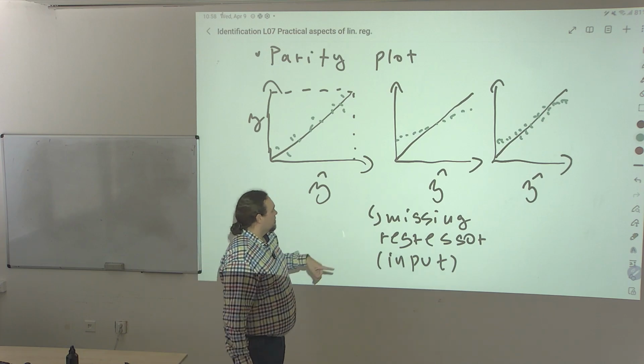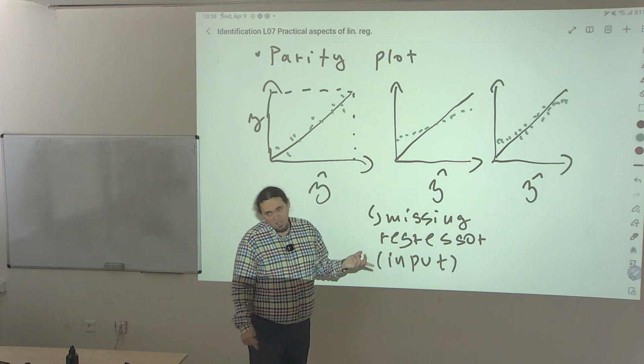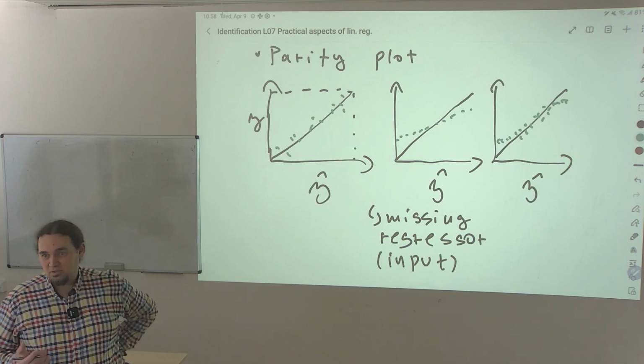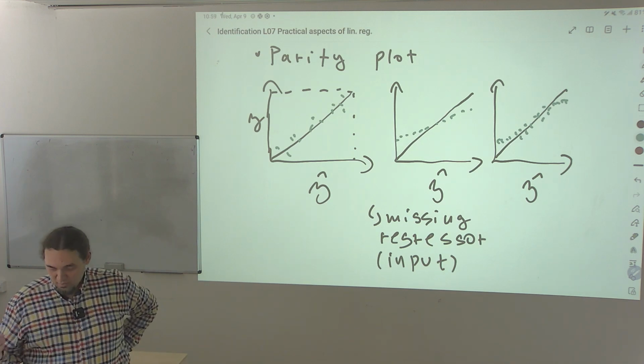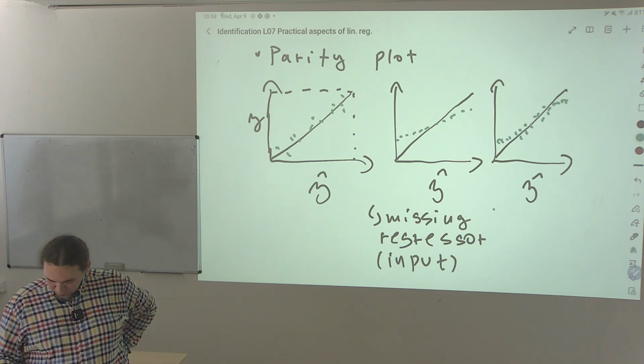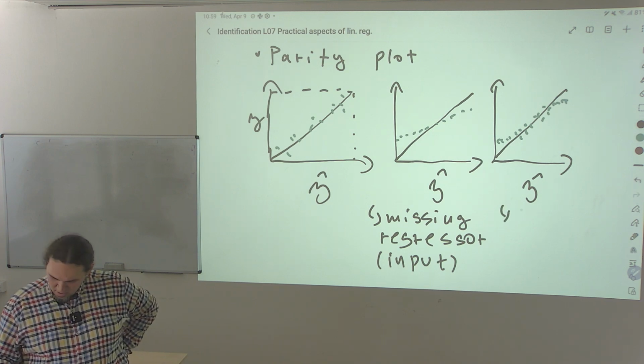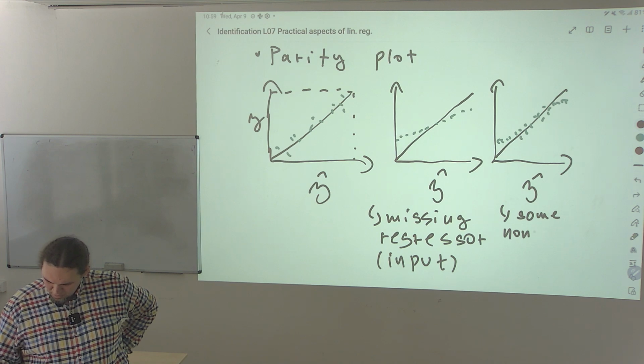Again, might be a similar reason, or the reason might also easily be that there is some nonlinear relationship that we didn't include in our assumptions.